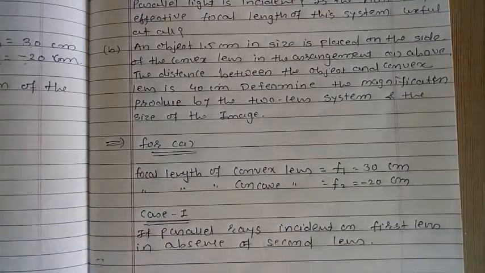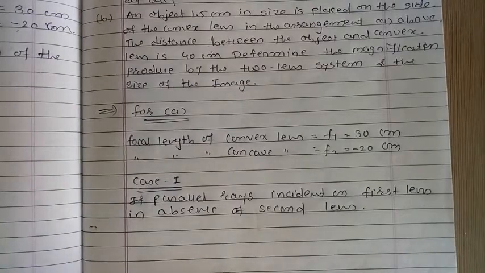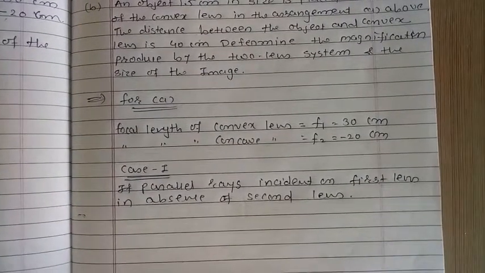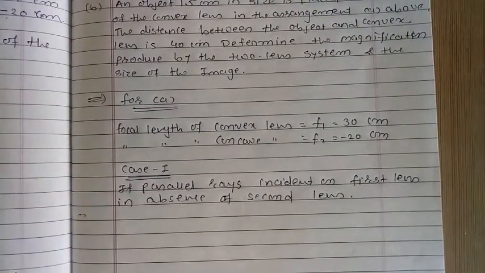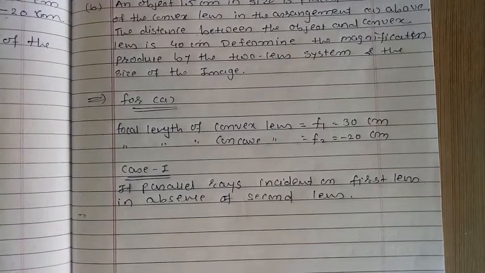Say here incident on the first lens, which is the convex lens, right? Okay, so first of all we get the image with the help of the convex lens, and this image acts as a virtual object for the concave lens. Then we get the final image, right?